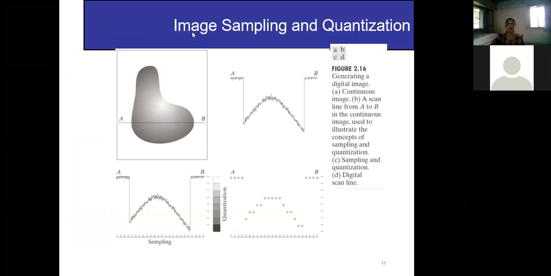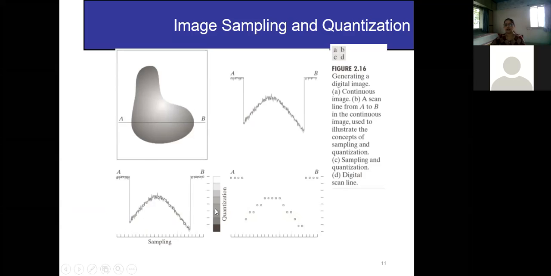So this is your original image, and in this picture only one line is shown in order to understand the sampling concept. For this one line we have only the x coordinate, and this x coordinate is not continuous in nature, but it is a sampled version of the x-axis.